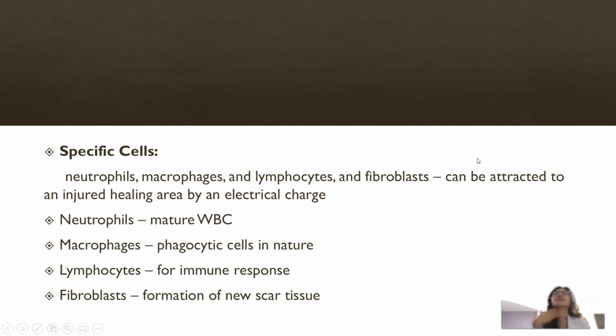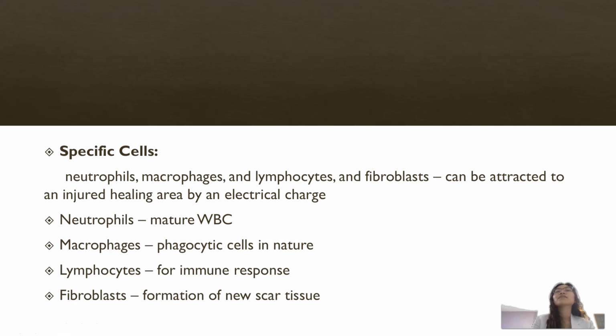Specific cells. Okay? Ito yung mga specific cells that act on wound healing. Okay? Neutrophils, these are the mature white blood cells.